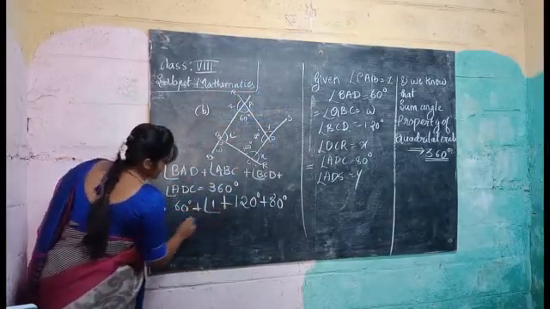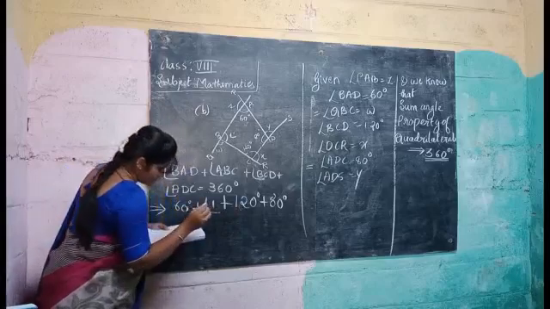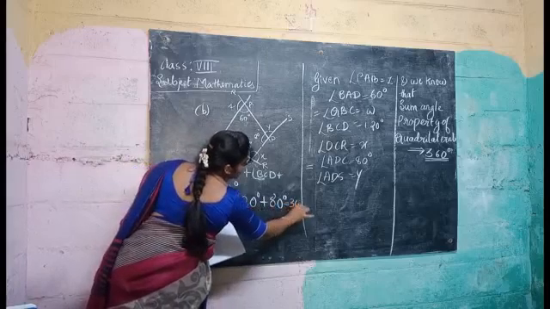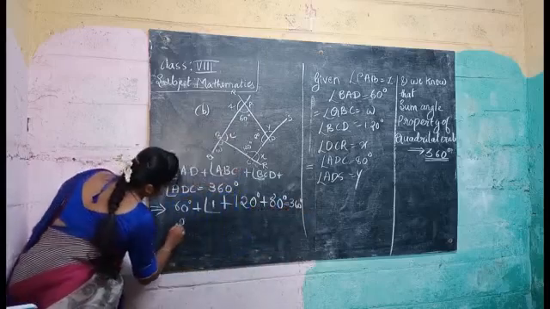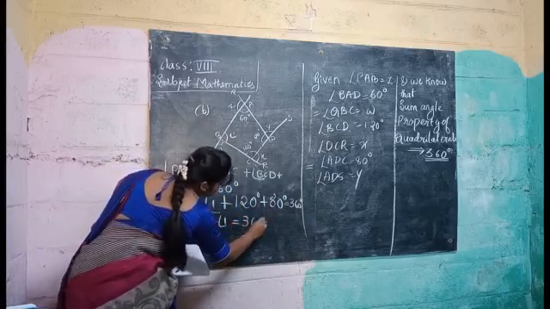So add these two, 60 plus 120. How much do we get? 60 plus 120 is 180. All the three, how much do we get? 260. Plus angle 1 is equal to 360.